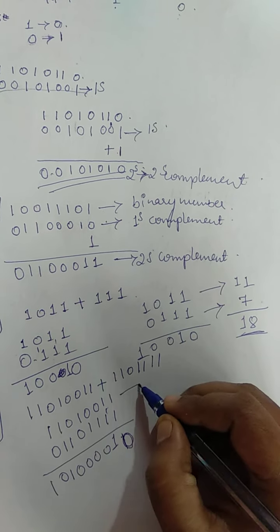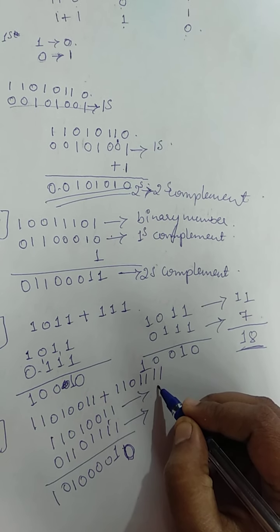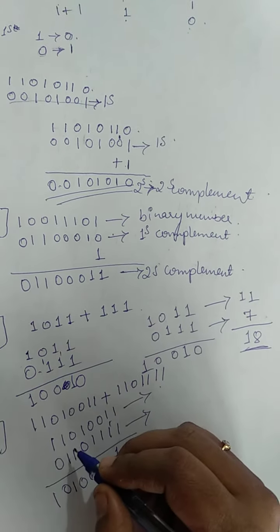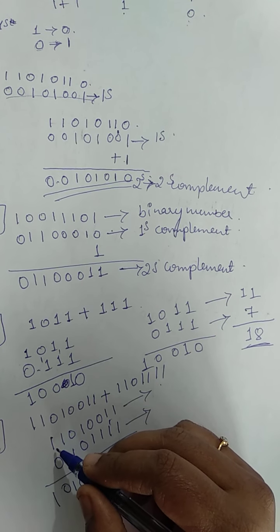Under the binary for this, we'll see the decimal value. Make it a group of 4.